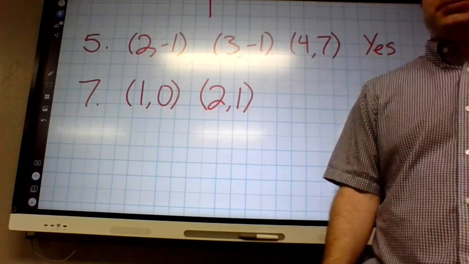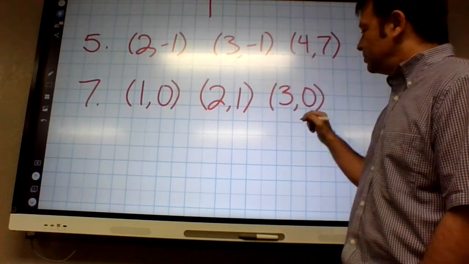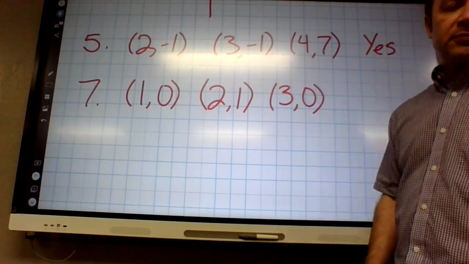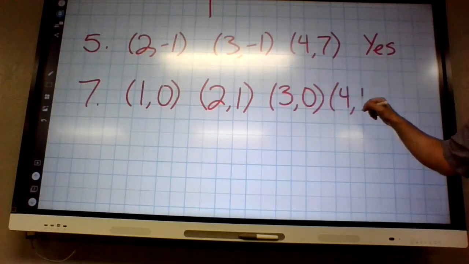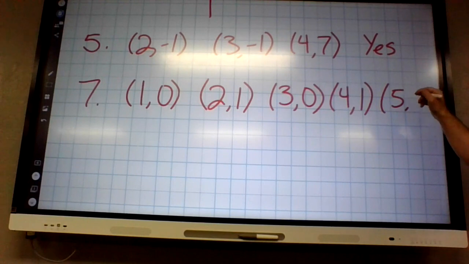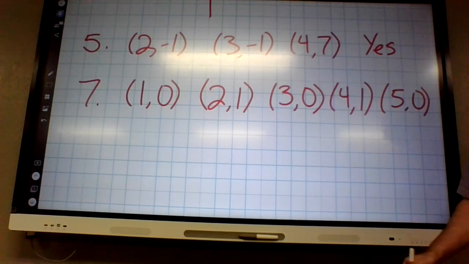What's the middle point called? 3, 0. What's the fourth point called? 4, 1 and 5, 0. That's a lot of numbers. All right, is it a function? Yes.